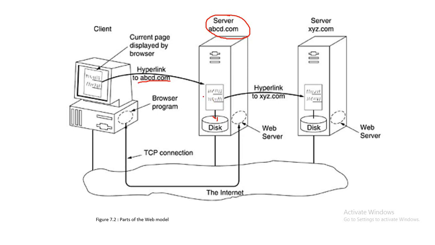Suppose there is another link to some other server like xyz.com, so the user will be redirected directly to the other server xyz.com. Same thing here: if the page is available in the cache memory, then the server will provide it directly, otherwise the server will provide that page from the disk. So that is the working model of World Wide Web.